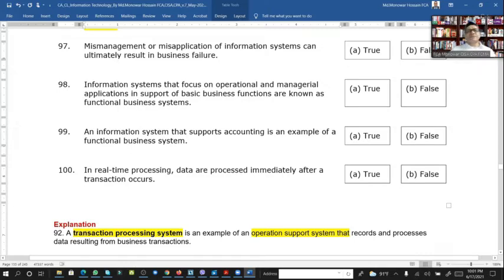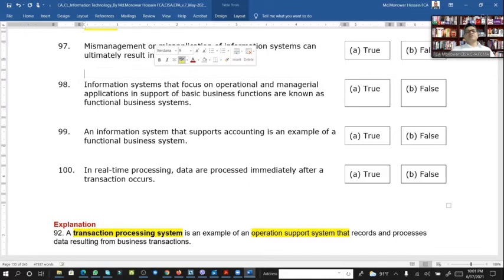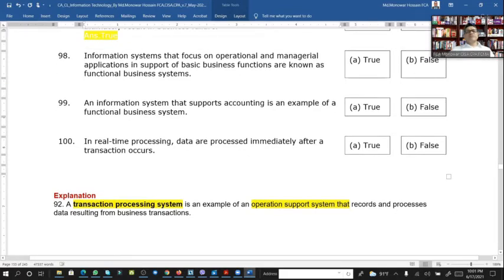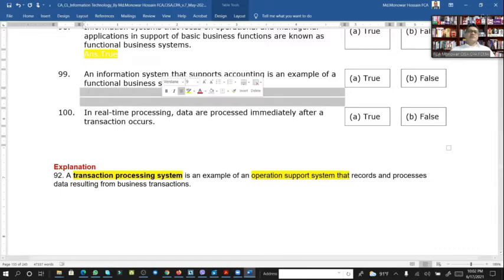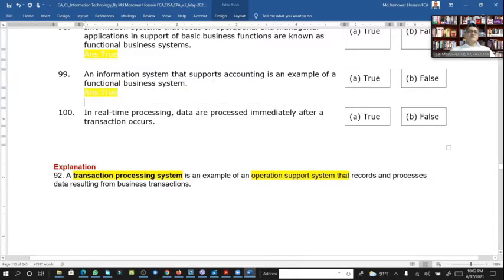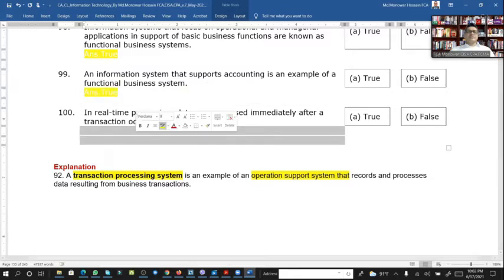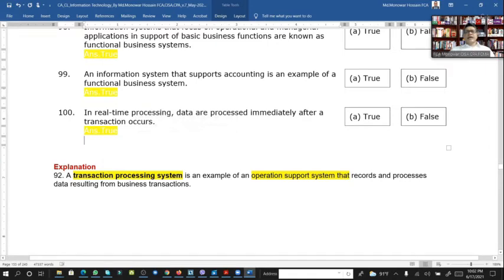Mismanagement or misapplied information systems can ultimately result in business failure. It is also true. Information systems that focus on operational and managerial applications is also true. An information system that supports accounting is an example of a functional business system. True. In real-time processing, data are processed immediately after a transaction occurs. It's also true.